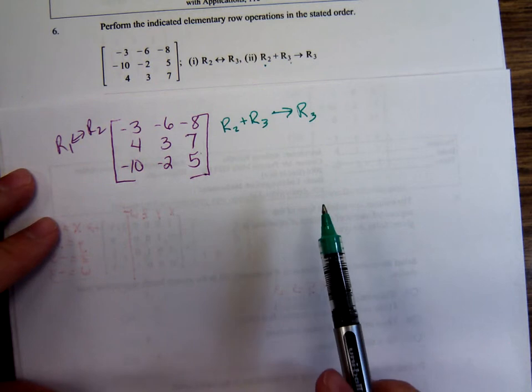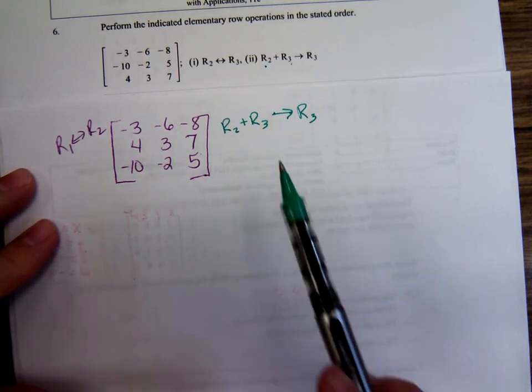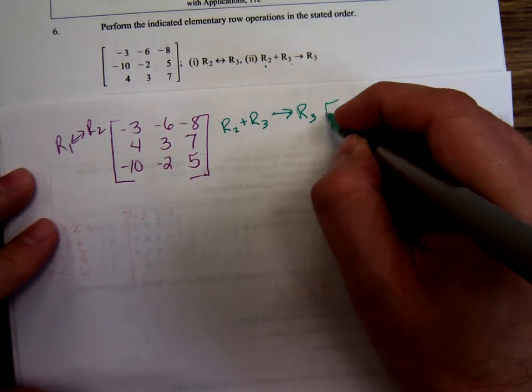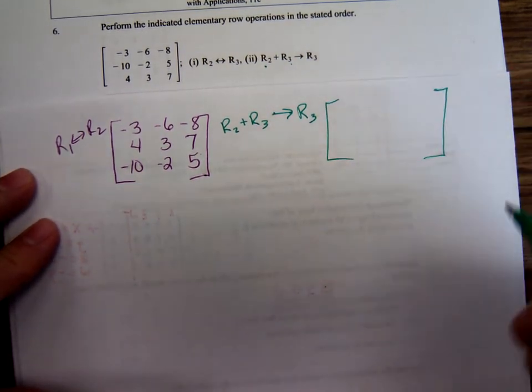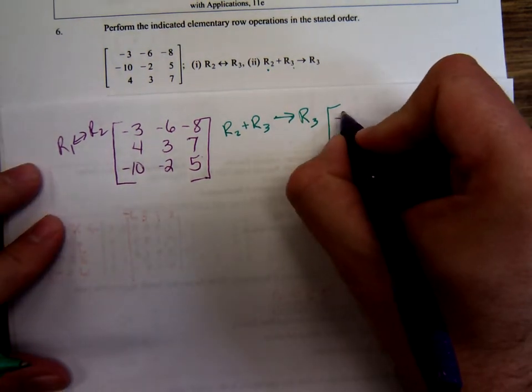Sometimes you'll see people writing just the equals in place of the arrow. That's a perfectly fine notation. I sort of like it like that with the equals. So, which two rows aren't changing? And I can just go ahead and recopy them right now. The first and second. Those aren't changing.